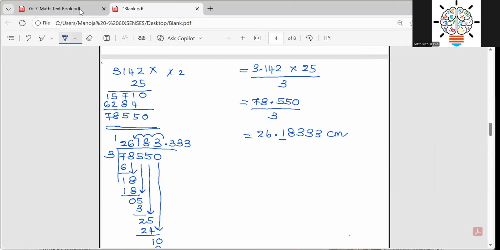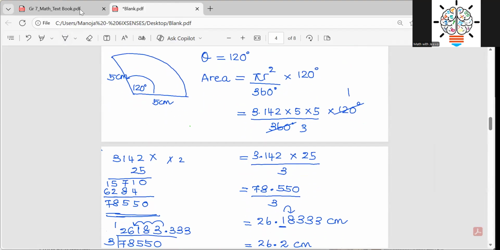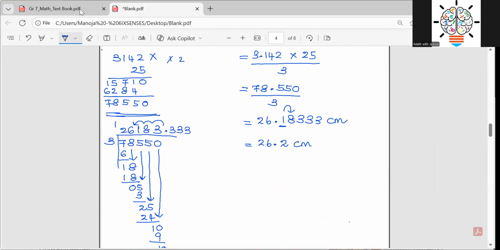This is the third significant figure. You look at the next number. So then we can write 26.2 centimeter. This is area, so centimeter squared. And you write 3SF. Okay.